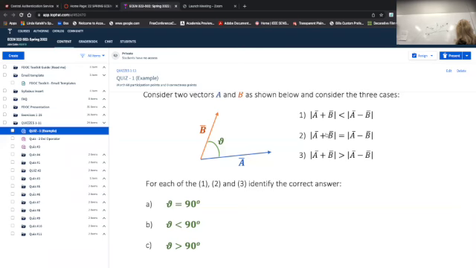So what will this remind you of? That they are the two diagonals of a parallelogram.